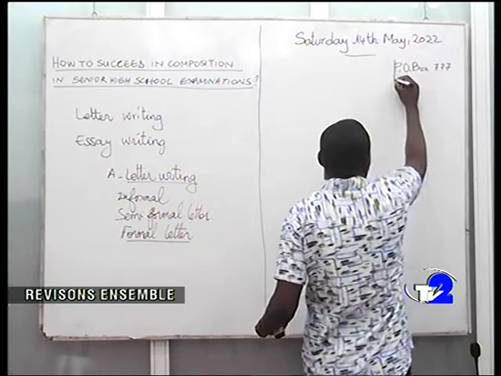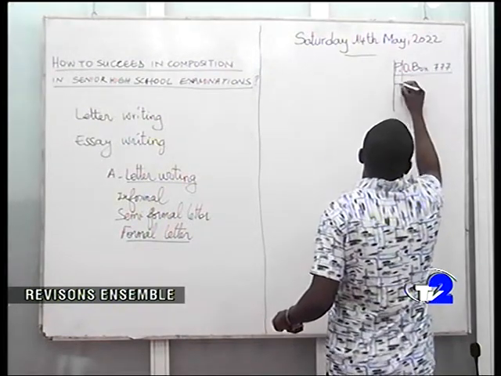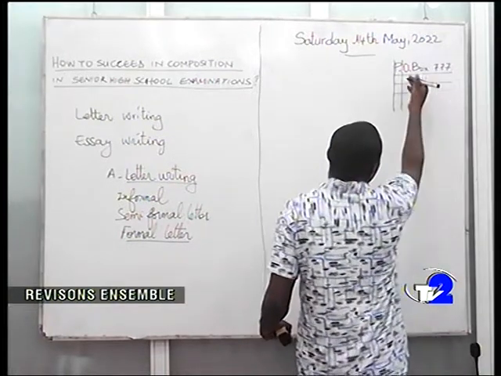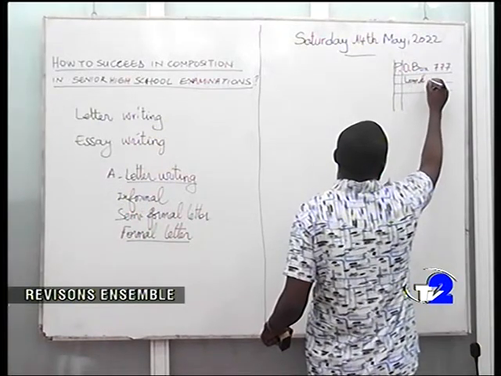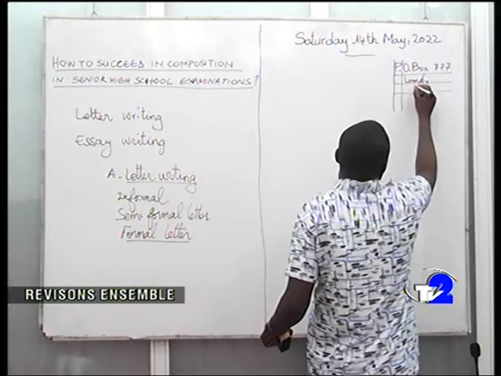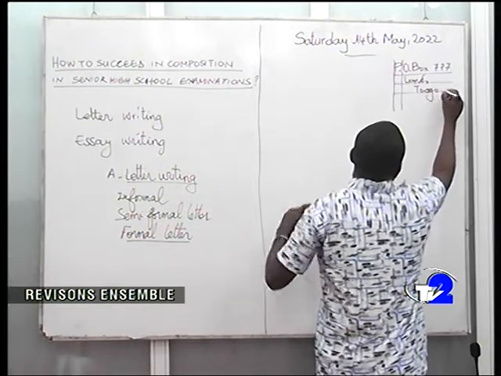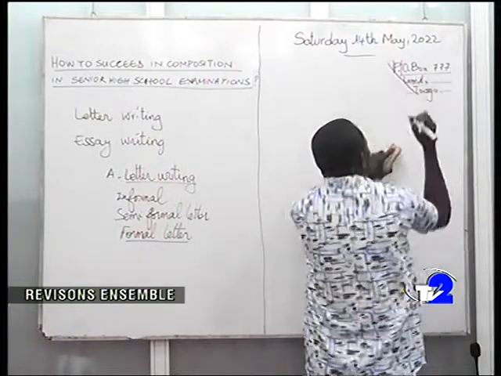This is the first line, this is the second line. Anytime you finish your first element, you shift. So you can write Lomé here, and then you can write Togo here. This one is the second way of writing the address.